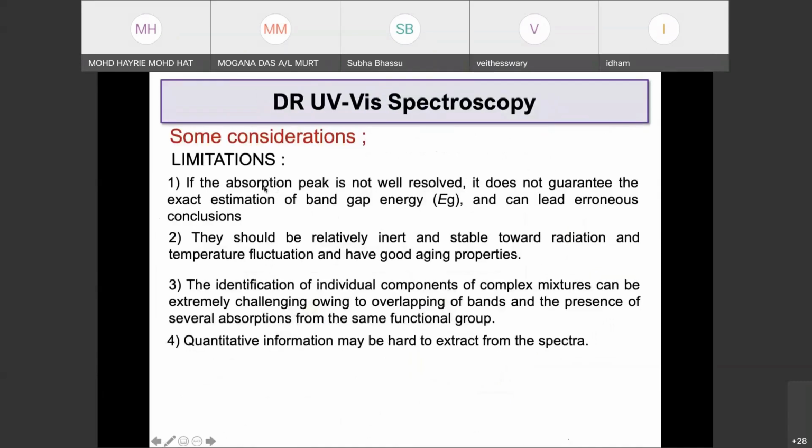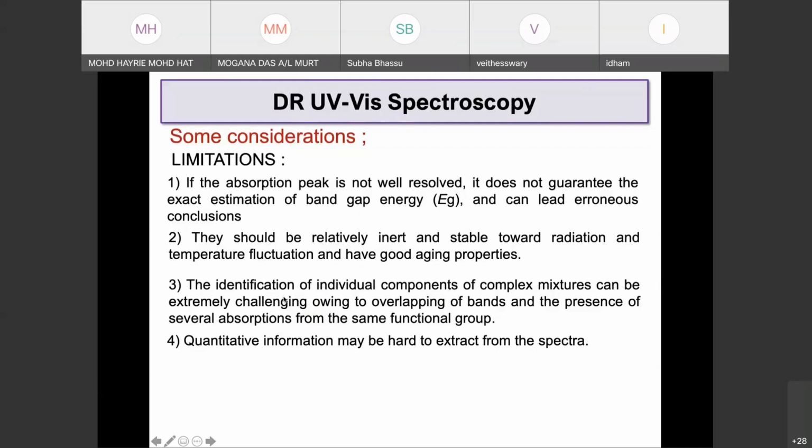Okay, some considerations that you need to keep in mind when you measure and analyze the UV-vis spectroscopy. If the absorption peak is not well resolved, it will be difficult for you to estimate the band gap energy and can lead to an erroneous conclusion. The sample must be relatively inert and stable toward radiation and temperature fluctuation and have good aging properties.